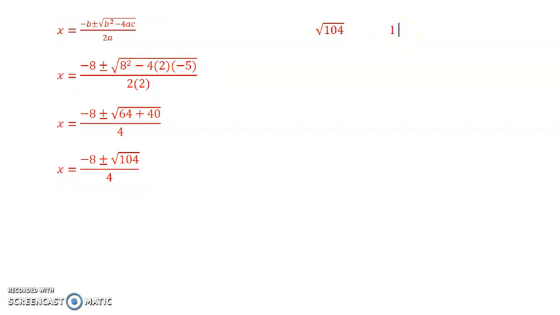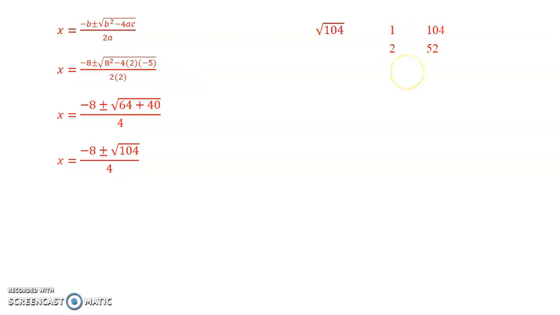So the factors of 104 are 1 and 104. Neither is a perfect square. Remember, look for perfect square factors. And 2 and 52. 3 is not a factor, obviously. So 4 and 26. So there's our first perfect square factor right here in the bold, number 4.